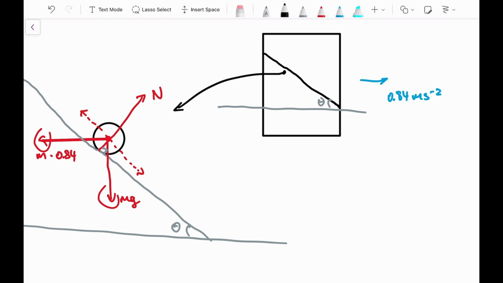First of all, this vector will be equal to mg sine of theta, and this is equal to this vector. Now, how do you resolve this vector? This is a right angle triangle.